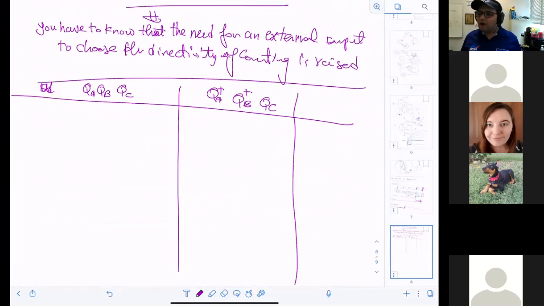This table is covering how many states? 16.